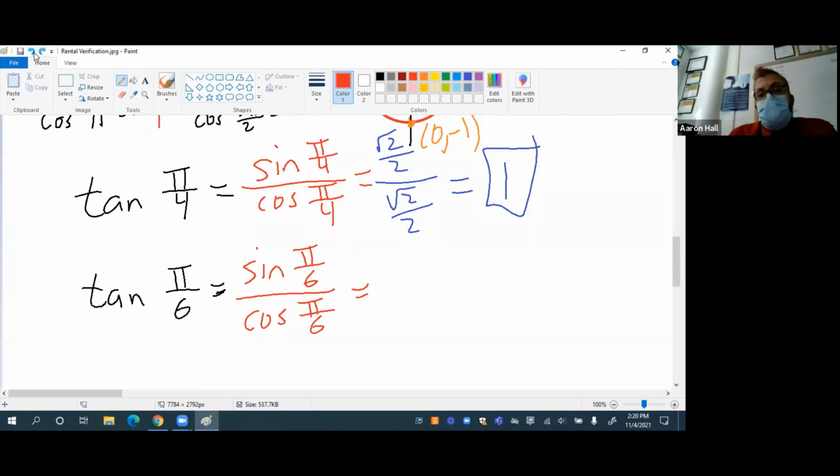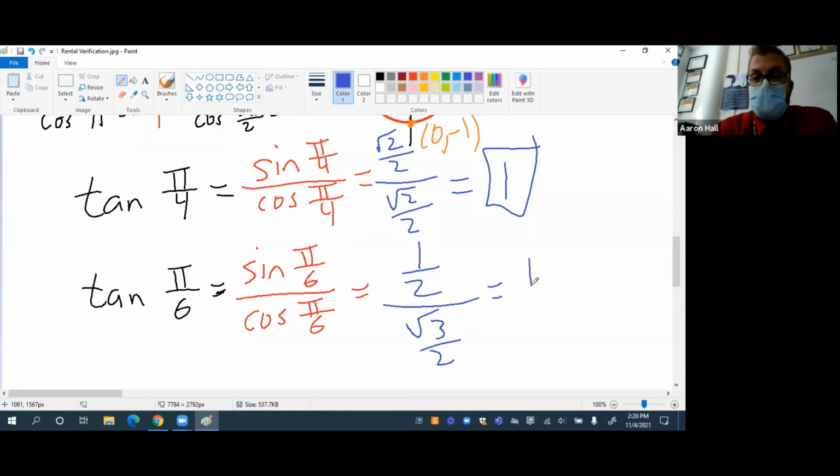Yeah, it's 1/2 over the square root of 3 over 2. What's the rule when we divide by fractions? Here's a tip: keep, change, flip. These cross out, and we're left with 1 over the square root of 3.